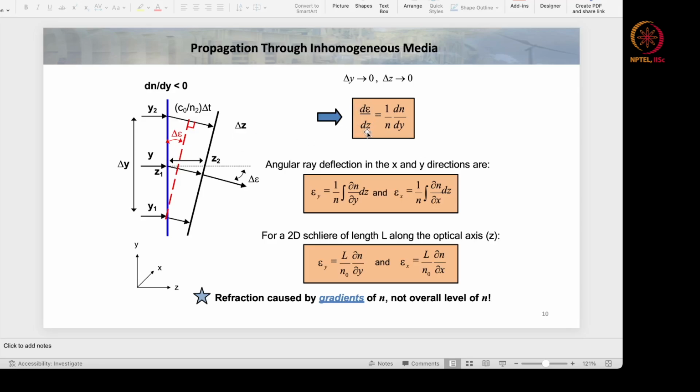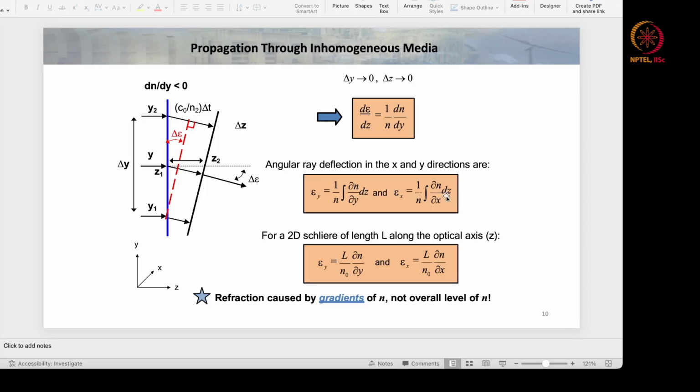Now, recognize that though we have taken the variation in the y direction, there could be variation in the x direction, which is into the board, because the refractive index can change in that direction also. As a result, your total change in epsilon in the y direction is given as the integral of the relative change of n with respect to y multiplied by dz.